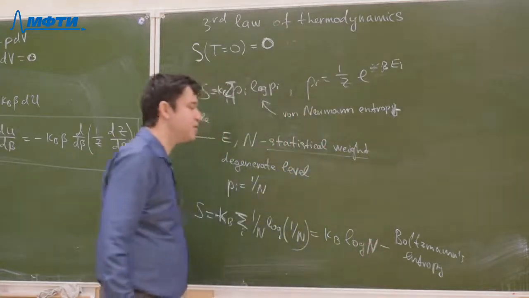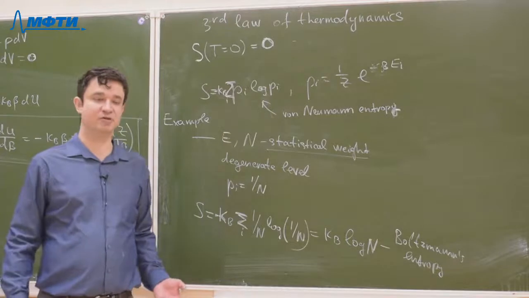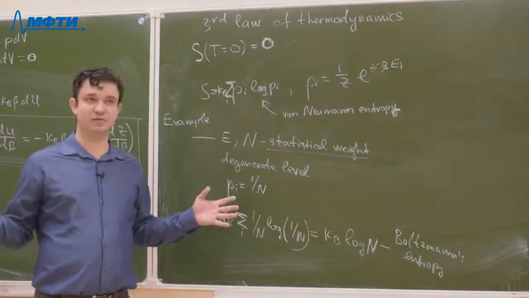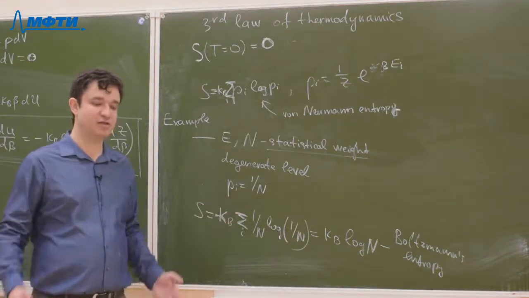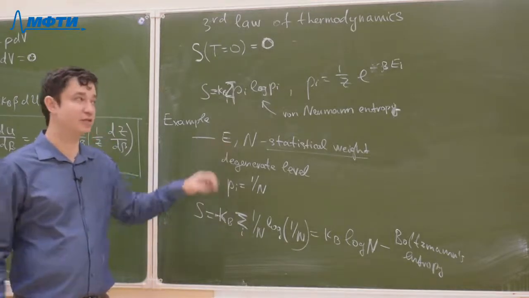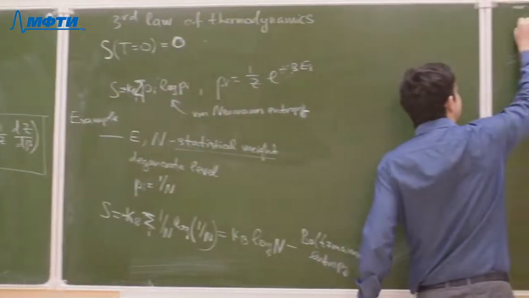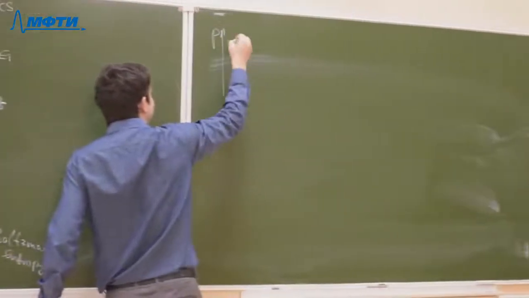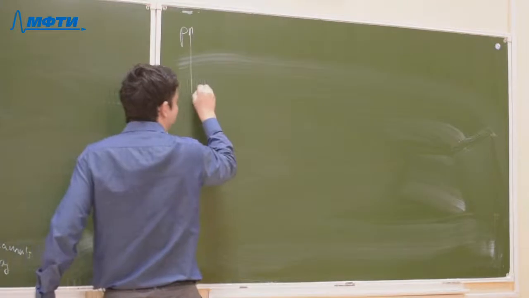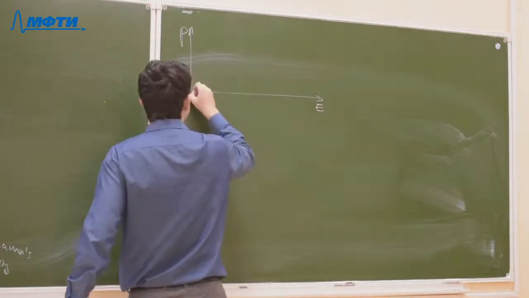But what happens if you study a more complicated, more realistic system which has a certain energy spectrum, which doesn't contain only one single level of energy? Then I would say that for this system, the probability density for energy looks like this.